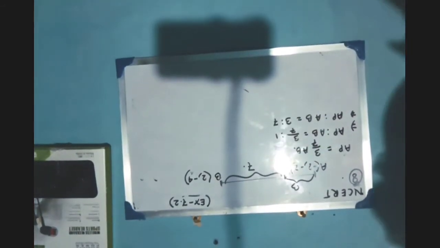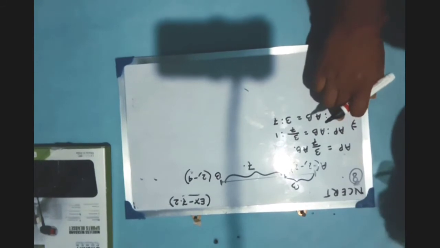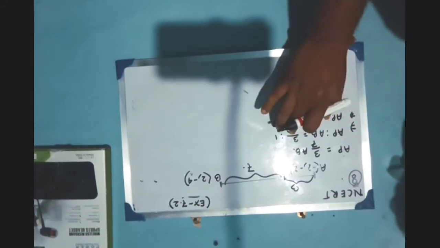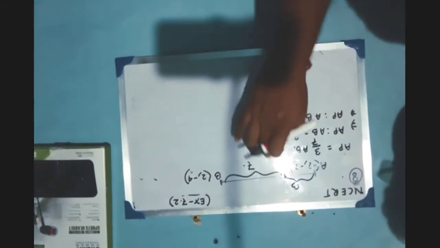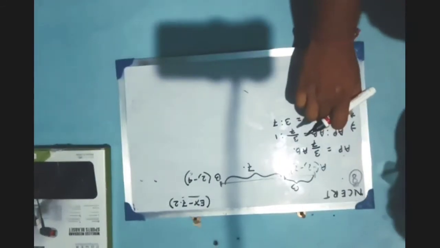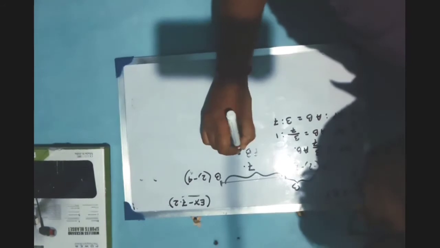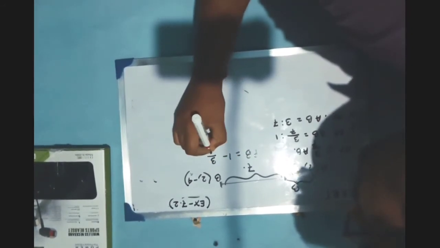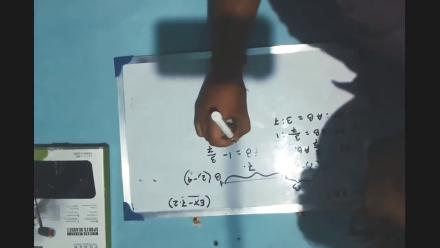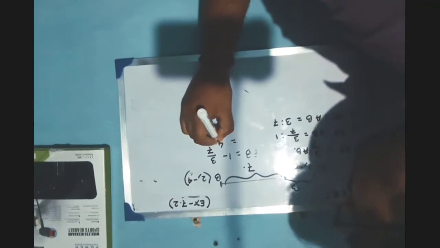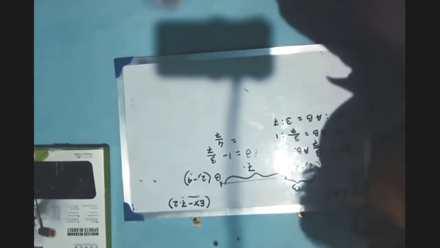So from this ratio we can tell that AP is to AB is equal to 3 to 7, means if AB is equal to 1 unit, then AP will be 3 by 7 unit. So PB will be 1 minus 3 by 7, that means 4 by 7.